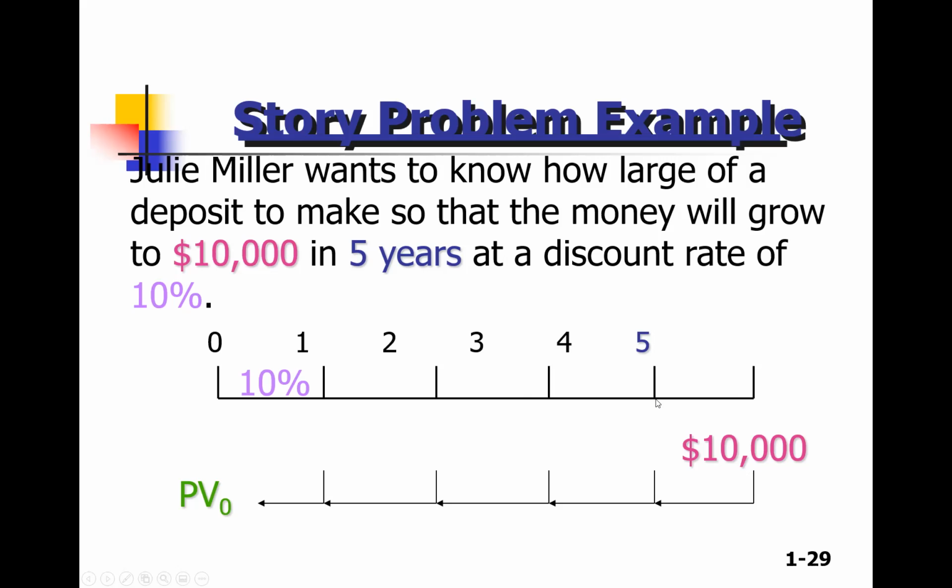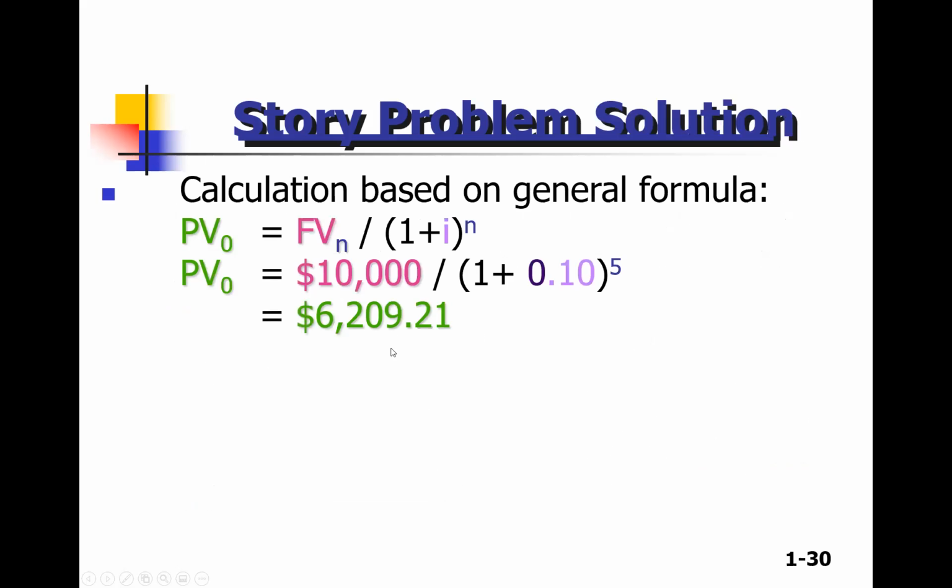We need to drag this amount to the present value, the 0 time period. So 1, 2, 3, 4, 5. So 5 is our time period, and 10% is the interest rate. We will put it in the formula. That is very simple. Present value is equal to future value over 1 plus I raised to power n. I is 10%, 0.10, and n is 5.